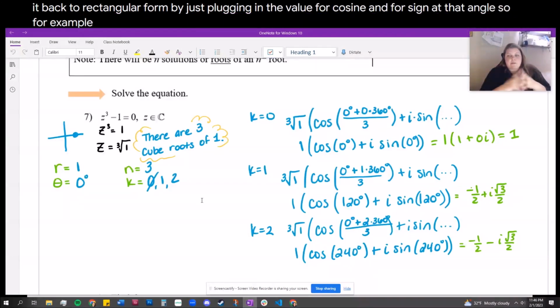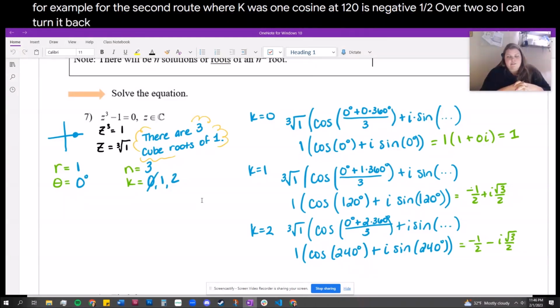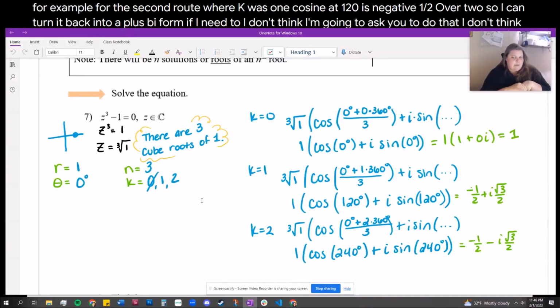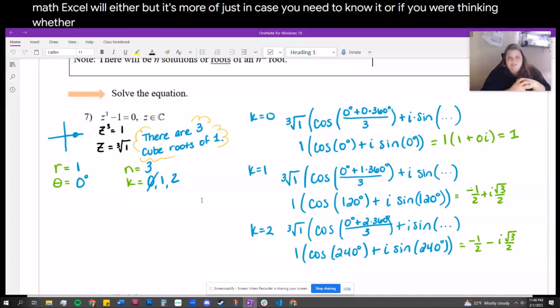So for example, for the second root, where k was 1, cosine at 120 is negative 1/2. Sine at 120 is root 3 over 2. So I can turn it back into a plus bi form if I need to. I don't think I'm going to ask you to do that. I don't think Math Excel will either, but it's more of just in case you need to know it or if you were thinking whether you could.